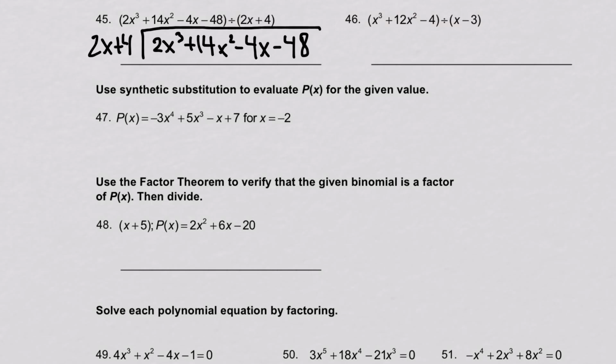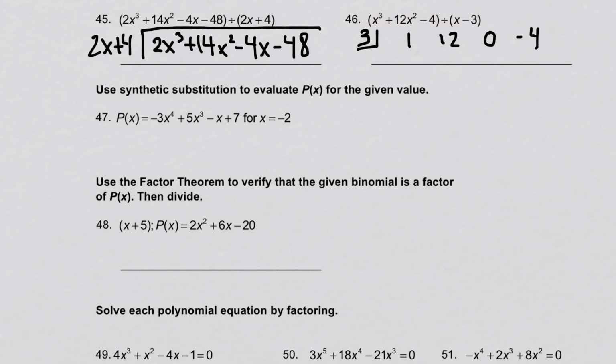For 46, just to get you started, you're going to write 1, 12, 0, negative 4, right? Those are the coefficients of your terms. 1, 12. Where does 0 come from? From the missing x part, and negative 4. And you're going to divide that by not negative 3, positive 3.